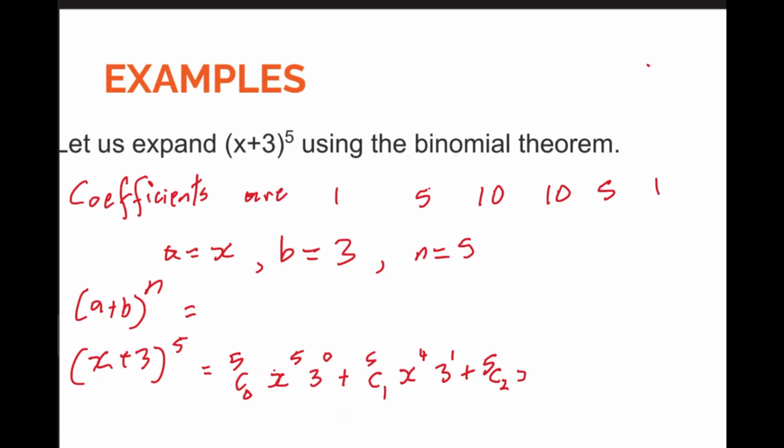We write the first term, x, but now it's going to the third power. So it went 5, 4, then 3. And the 3, which was the second term, is going to be going up, from 1 to 2. And then the next one will be 5 choose 1.